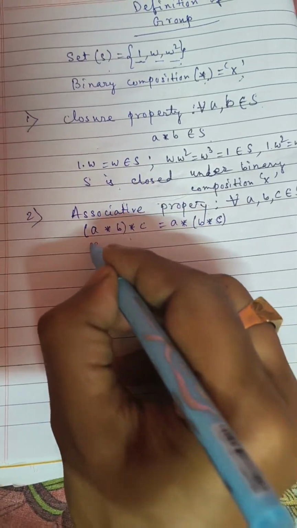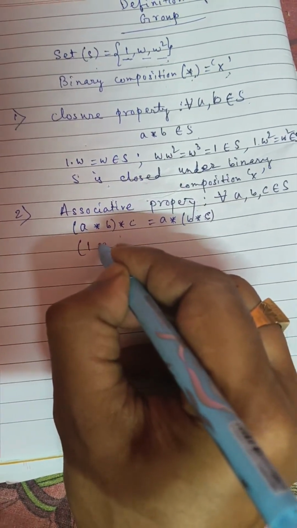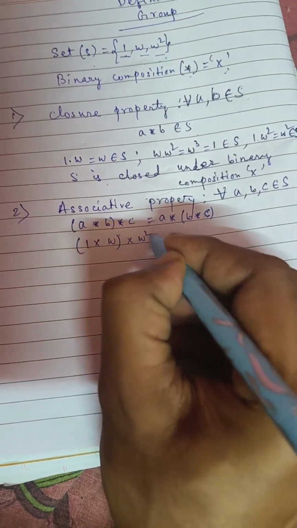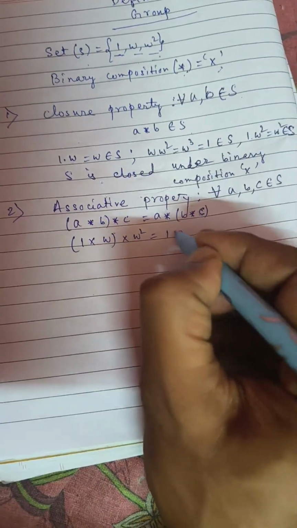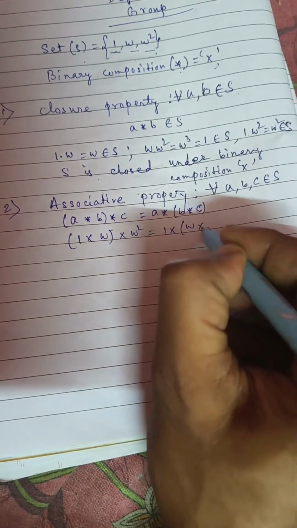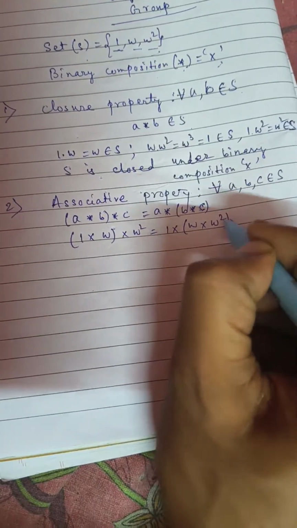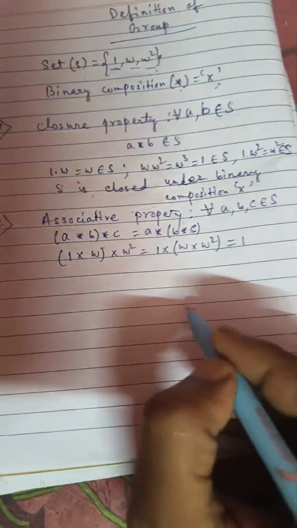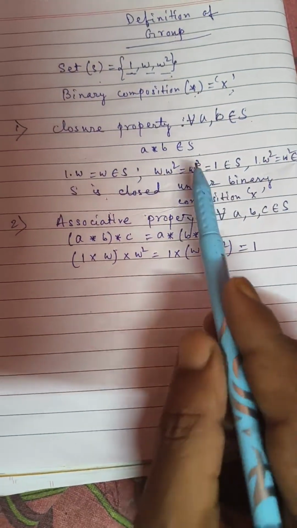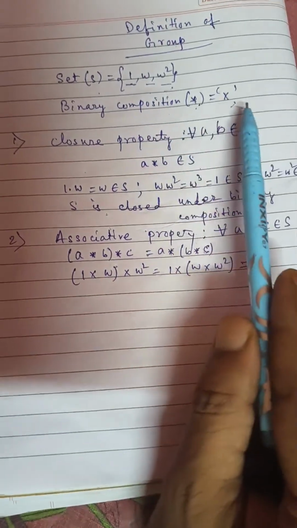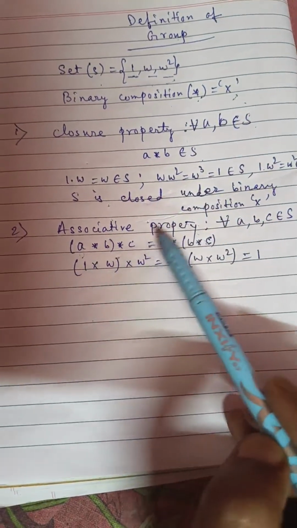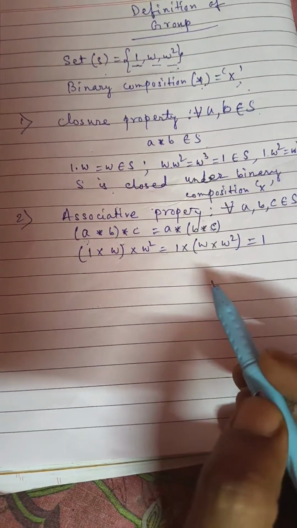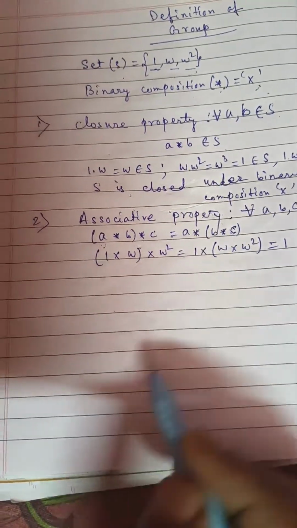We can check that (1 times omega) times omega square is equal to 1 times (omega times omega square), which is actually equal to 1. So the set S under binary composition star satisfies the associative property. We say that S is associative under binary composition star.